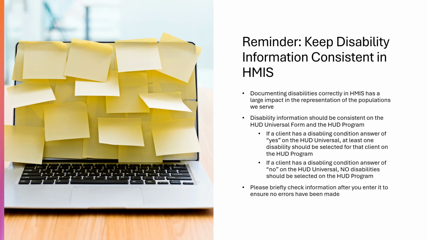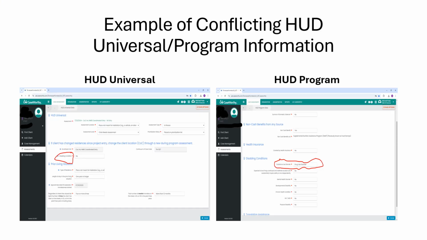I would imagine if somebody had a disabling condition 3 months ago or 4 months ago, that they still have a disabling condition now. It is possible that somebody could, after a time, go from no to yes, but probably not. It's a little bit less possible that somebody goes from having a disabling condition to no.